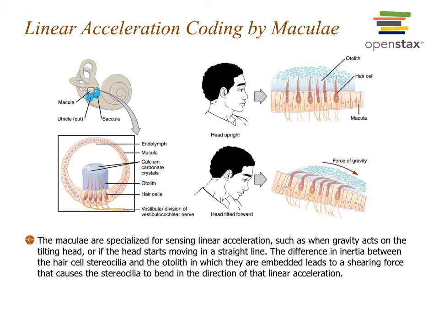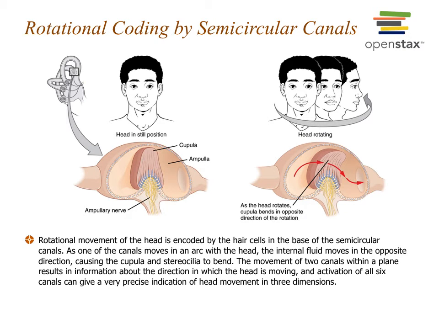We also have hair cells in other parts of the inner ear, in the saccule and utricle. These structures again detect movement in fluid that happens when the head moves, and so they can detect changes in the position of the head, in the case of the macula, in the utricle and saccule, but they can also detect rotation.